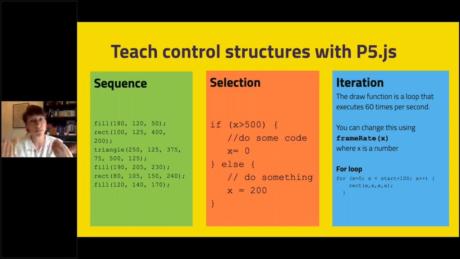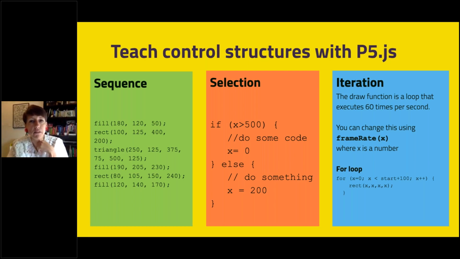Iteration is a little bit more difficult because the iteration in the draw function is happening by default. And if you actually do something like a for loop within the draw function, you're getting a sort of nested iteration. So it can become a little bit confusing.